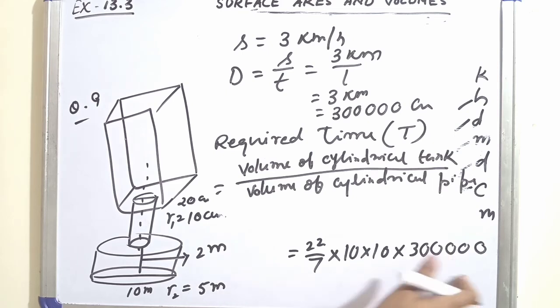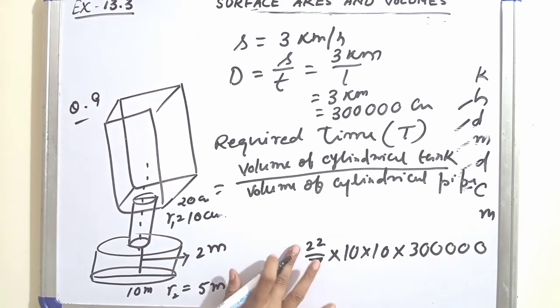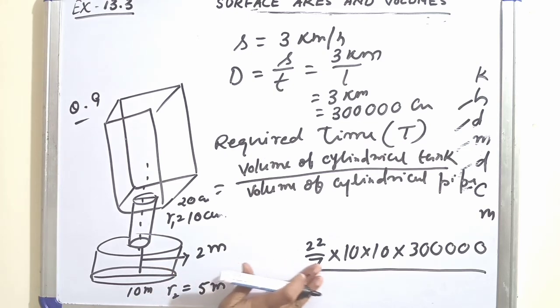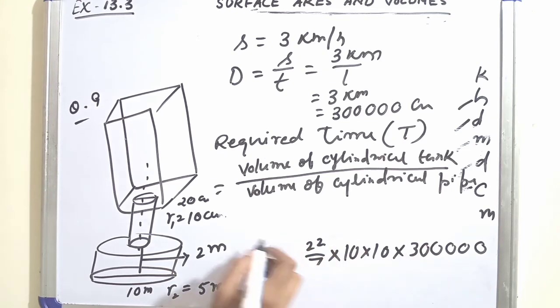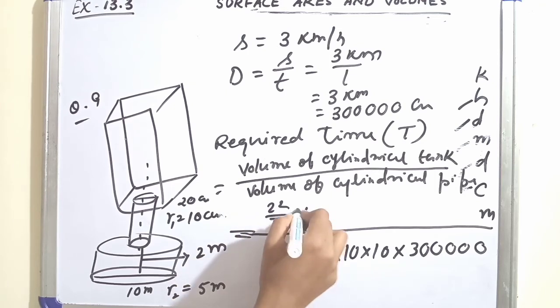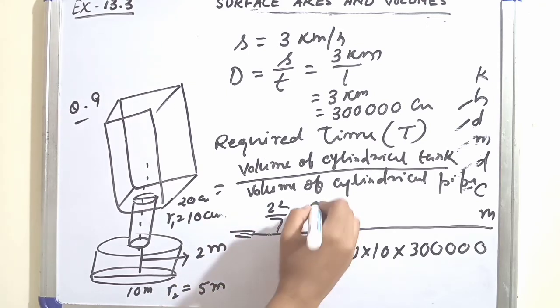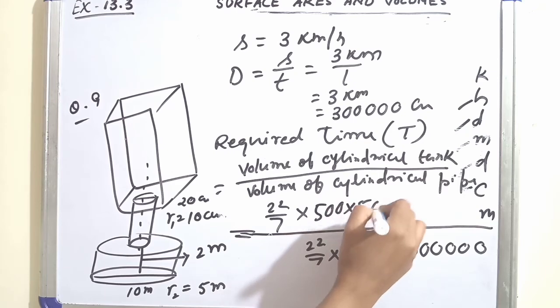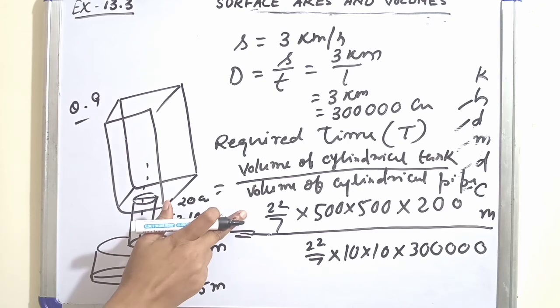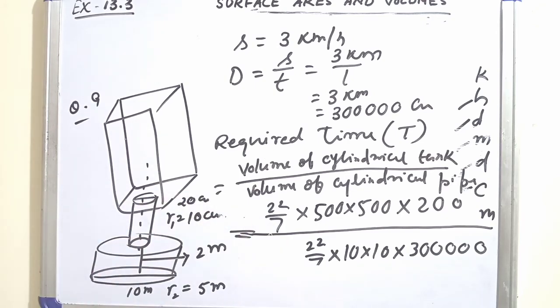So this is the volume of cylindrical tank upon volume of cylindrical pipe. Sorry, this is the volume of cylindrical pipe. So what's the volume of cylindrical tank? That means 22 upon 7, R, that means 500 into 500, and H means 200. So volume of cylindrical tank upon volume of cylindrical pipe.